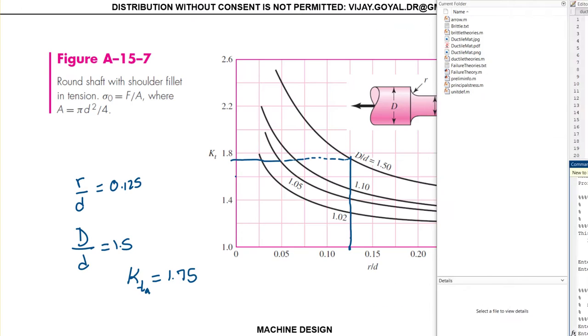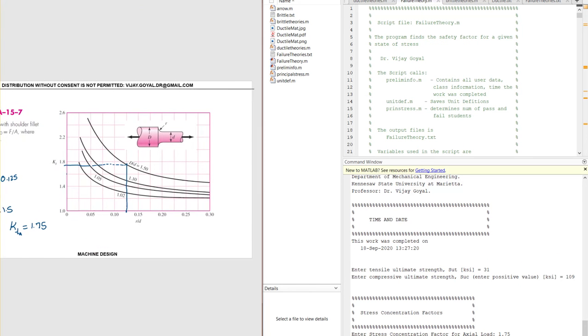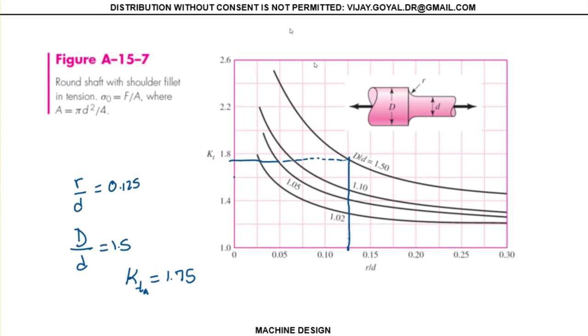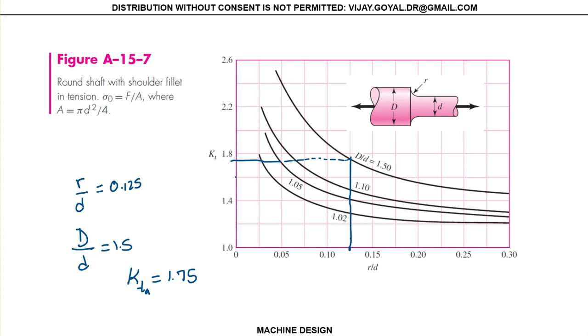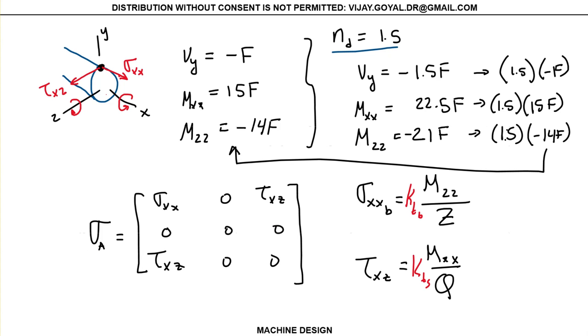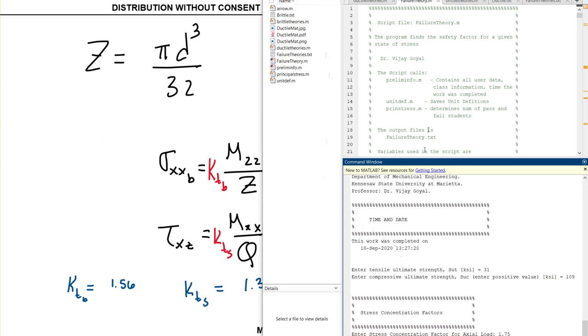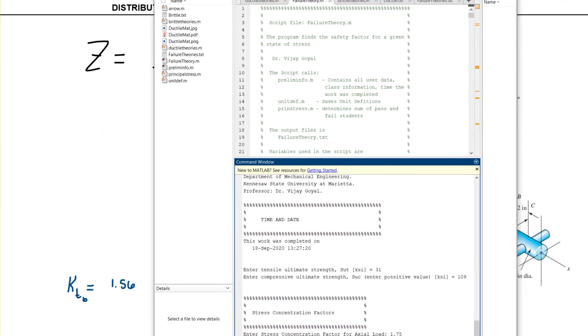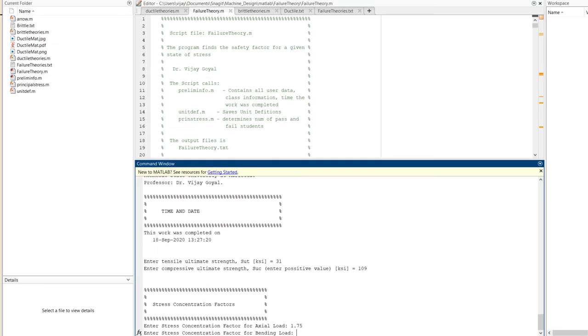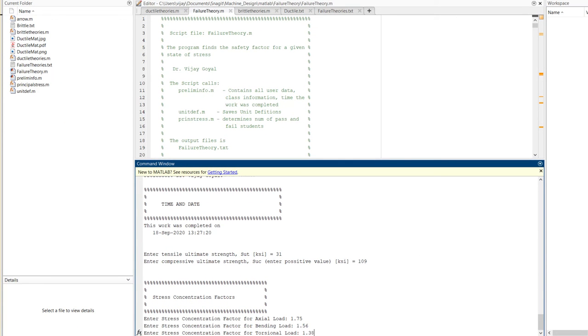Your bending stress concentration factor is 1.56, so you can write that value there. This was 1.38 for torsion.